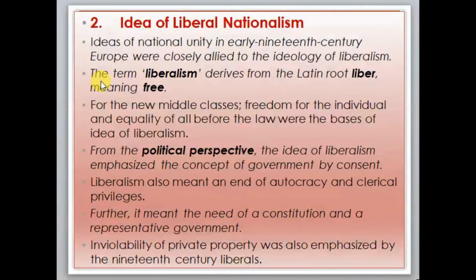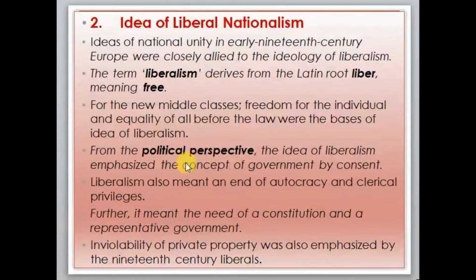First of all, look at the origin of the word liberalism. The term liberalism derives from the Latin root liber, which means free. For the new middle classes, liberalism stood for freedom for the individual and equality of all before the law.